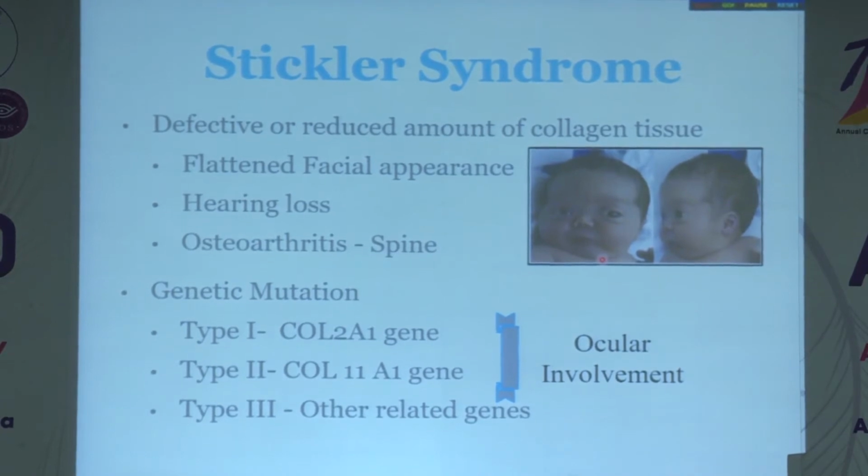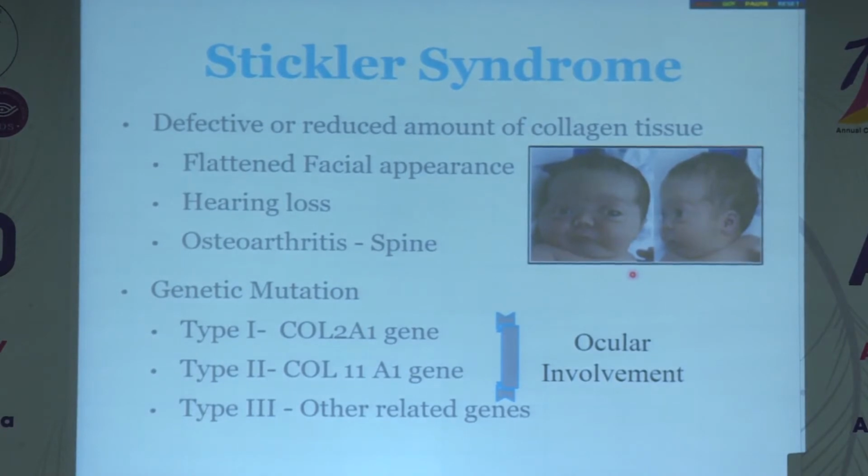There is associated hearing loss which is conductive, and osteoarthritis of the spine causing kyphosis or scoliosis is seen. It is basically due to a genetic mutation, type 1, type 2 or type 3. Type 1 and type 2 are associated with ocular involvement and not type 3. Type 3 is a non-ocular Stickler syndrome.